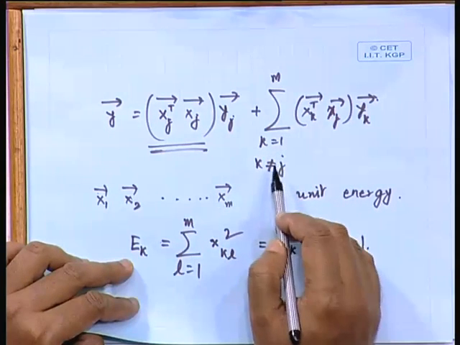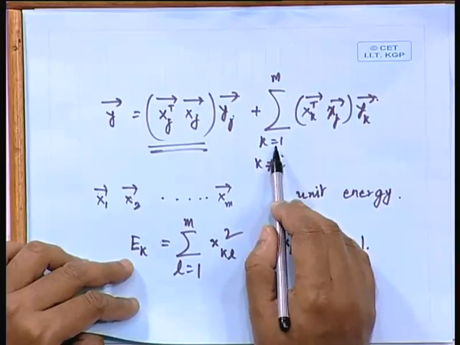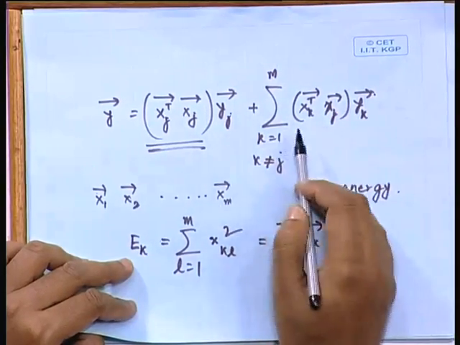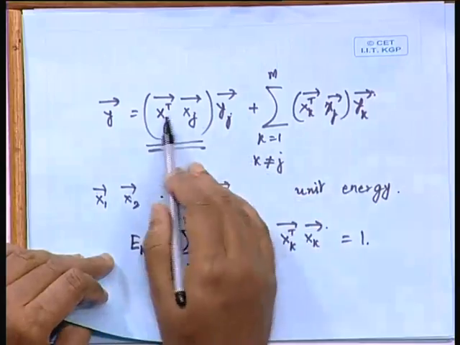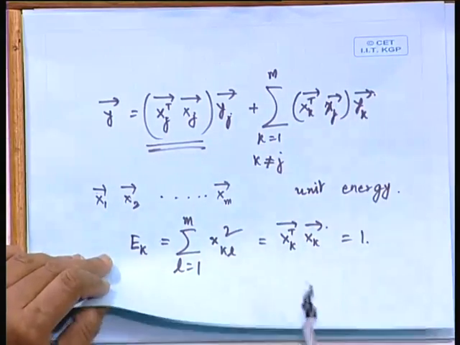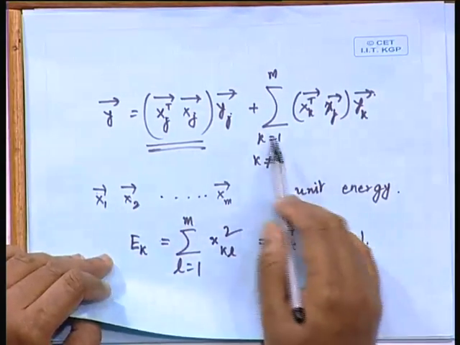I mean, k not equal to j and k equal to 1 to m we took as one side, and on the other, out of this summation we had taken out the case where k is equal to j.